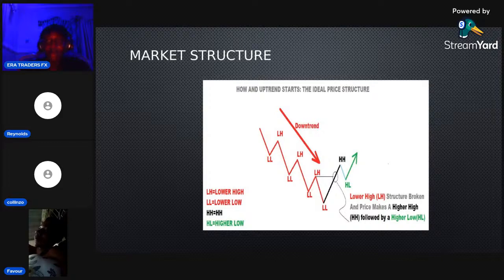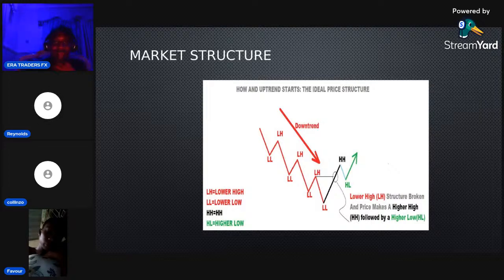All right, so let's do more mark out. So the market was going up, forming a series of higher low, higher high, higher low, higher high, higher low, higher high. It broke out that high.